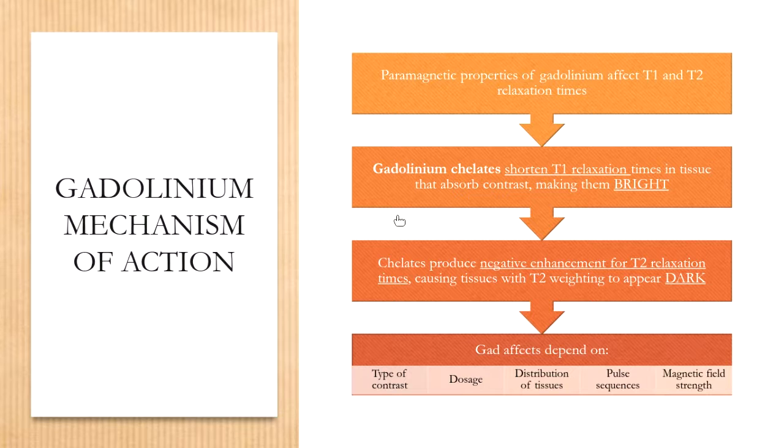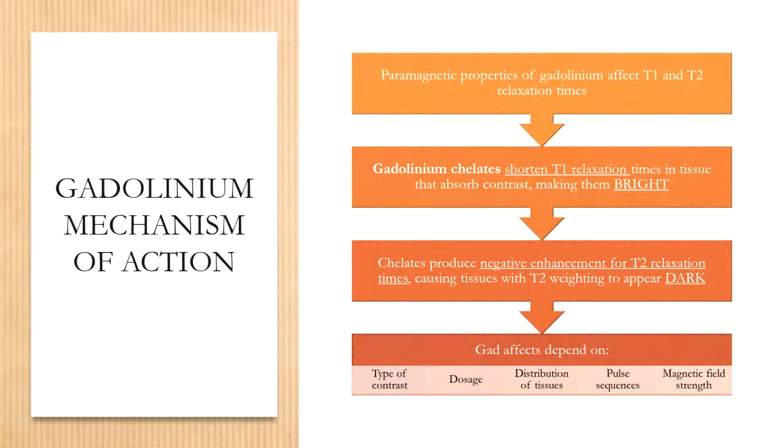And they can also produce a negative enhancement for T2 relaxation times, where the lesions or the water molecules appear dark. That's why gadolinium can be considered both a T1 and T2 agent, but we typically will use it with T1 sequences.